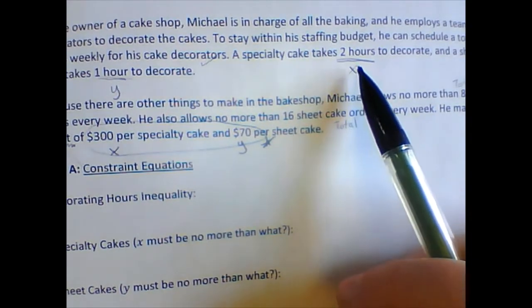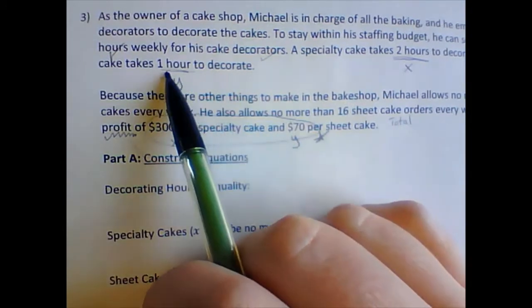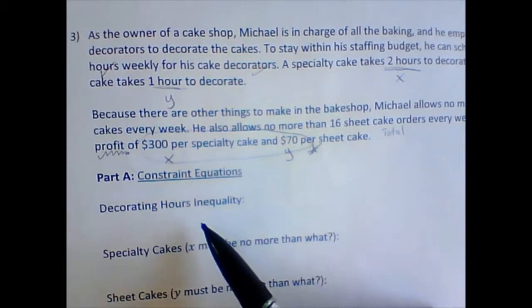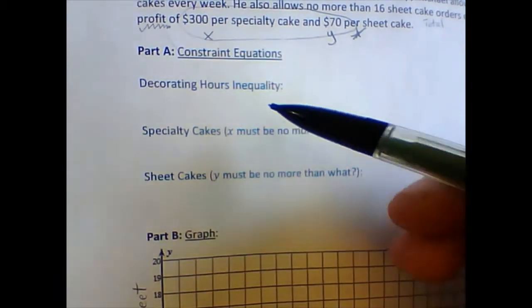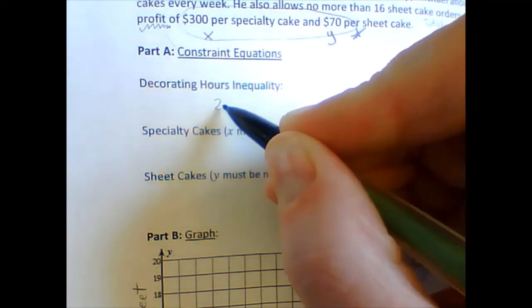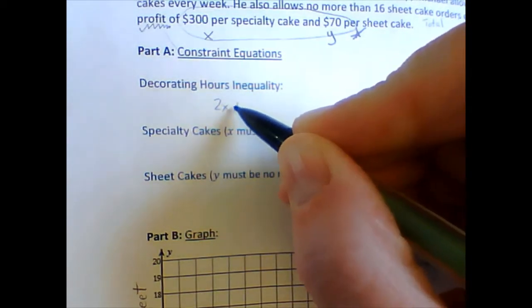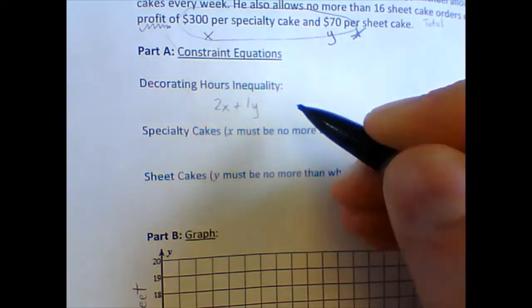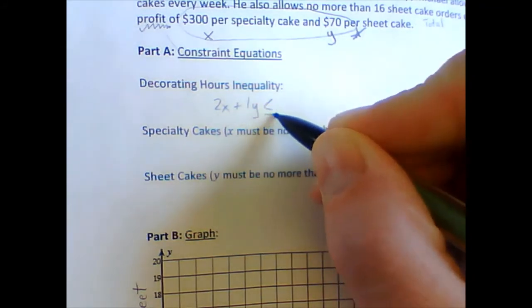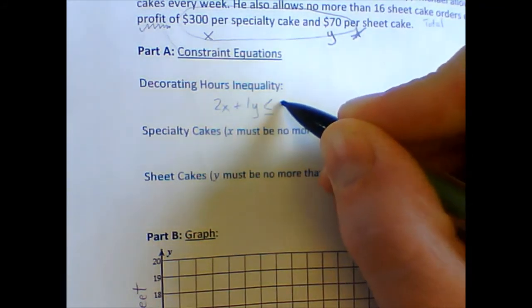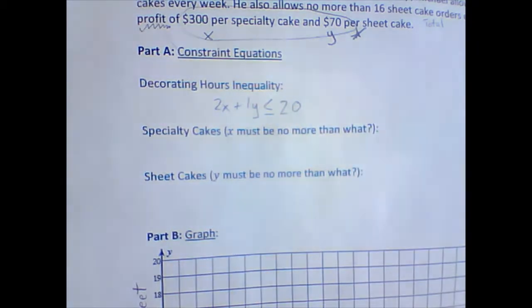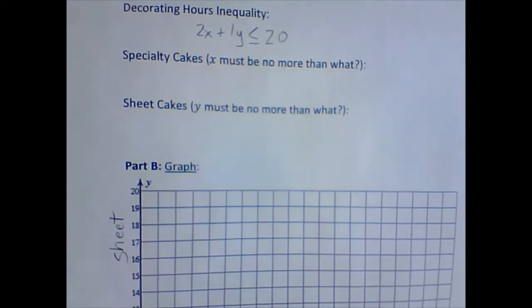So I'm going back to these cake decorators, and we know that there's a 2X. We also happen to know that there's a single Y, and we know that we cannot go over those 20 hours. So we have a cake decorating hours rule or inequality. Here's where the weird things come in. The specialty cakes have a limit.